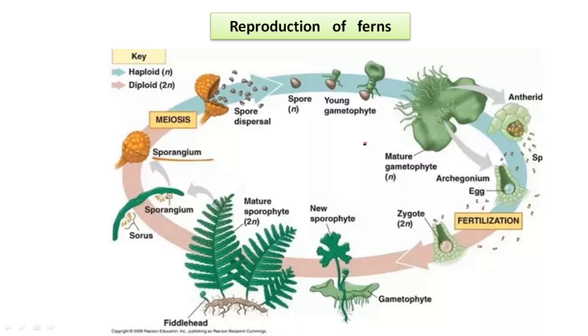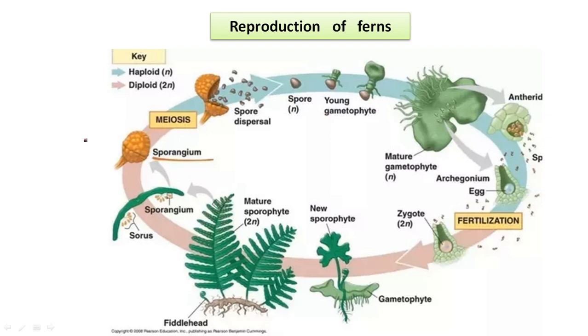And reproduction of ferns is quite similar. In ferns, the spores are produced in a structure which is called sorus, or the plural, sori.